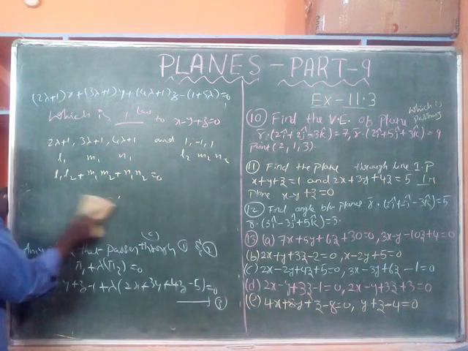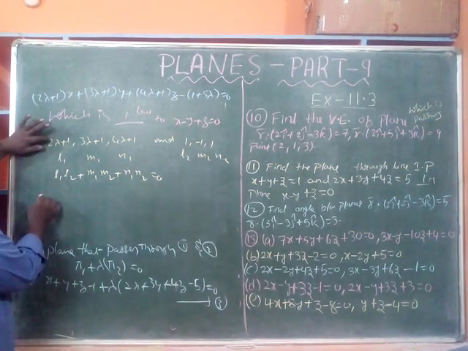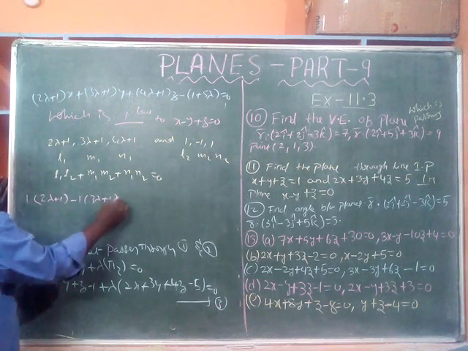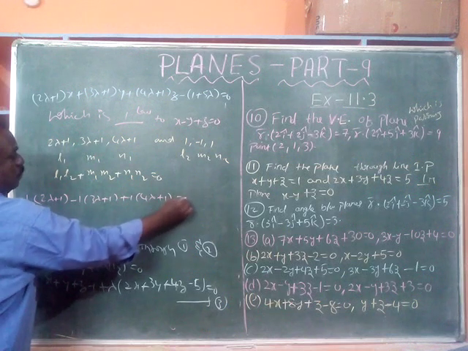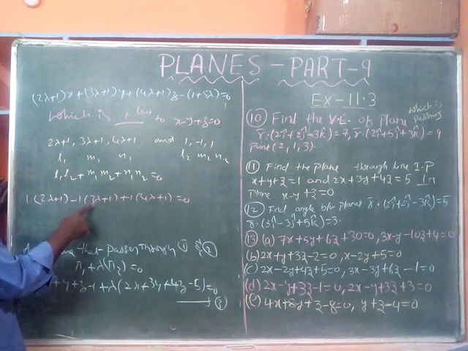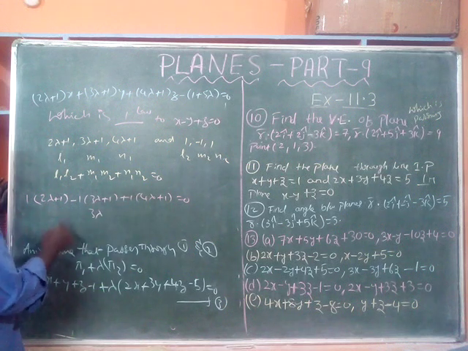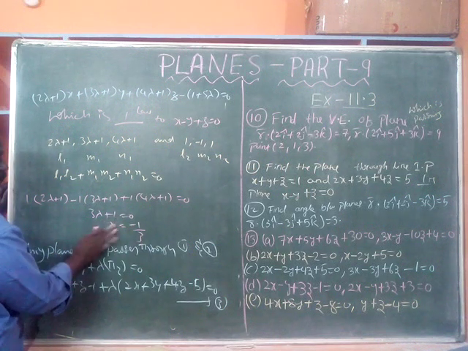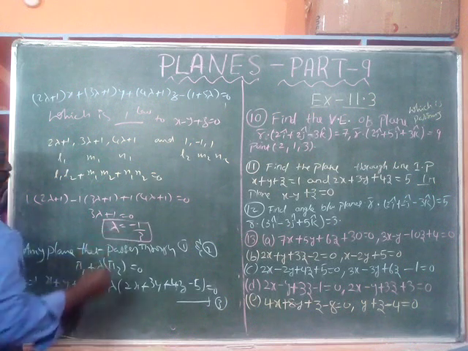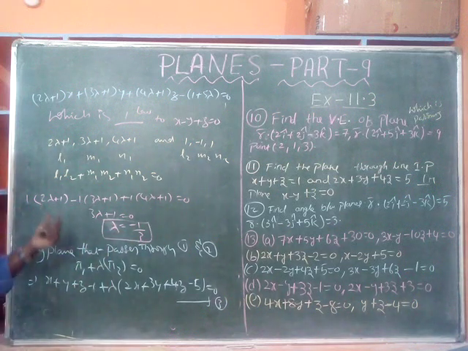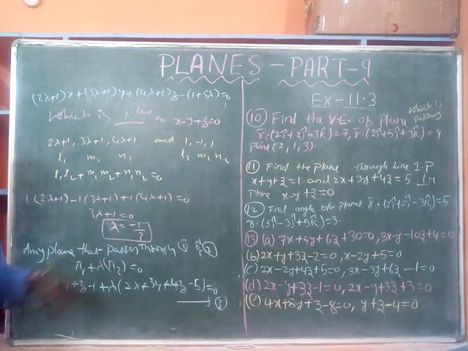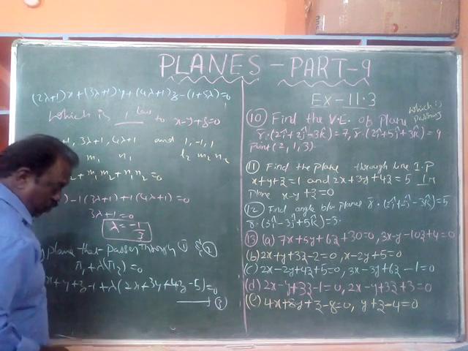So here it is (2 lambda plus 1) into 1, minus 1 into (3 lambda plus 1), plus 1 into (4 lambda plus 1) is equal to 2 lambda minus 3 lambda plus 4 lambda, 3 lambda. 1 minus 1 cancels, plus 1 is equal to 0, so lambda is equal to minus 1 by 3. Is it correct?